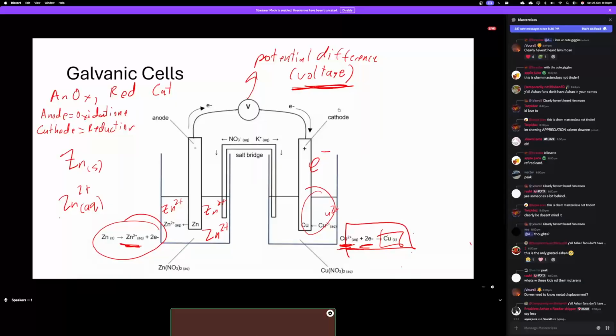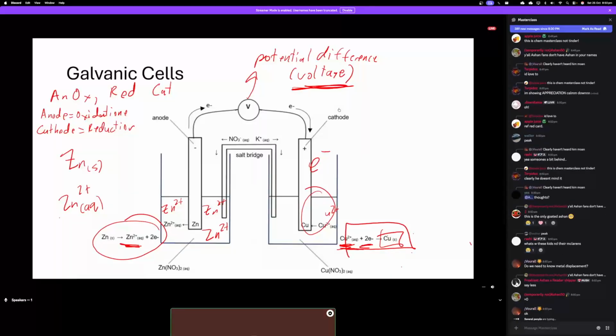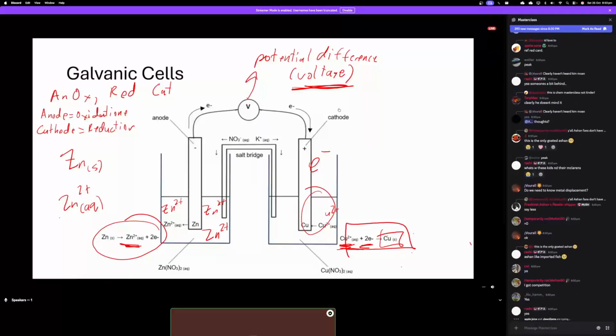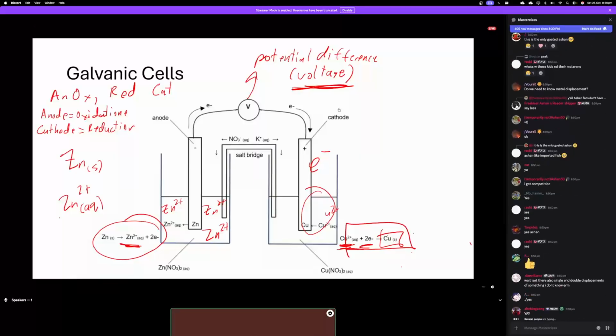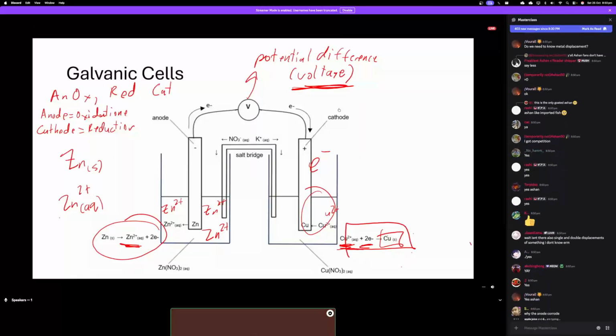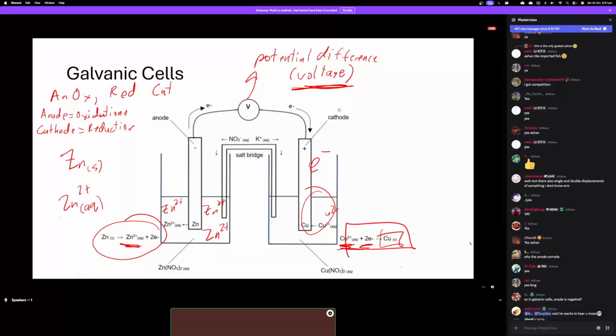Do we need to know metal displacement? Yes, you do. Is that clear? Is everyone comfortable with galvanic cells up to here? Okay. They're single and double displacement, or something, I don't know. I don't have an example.